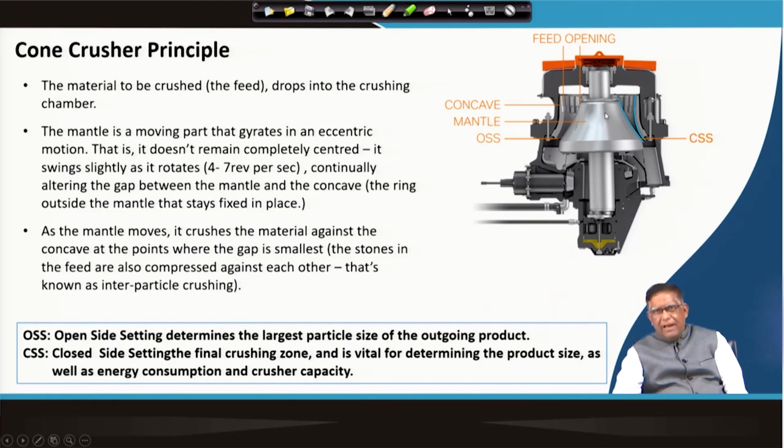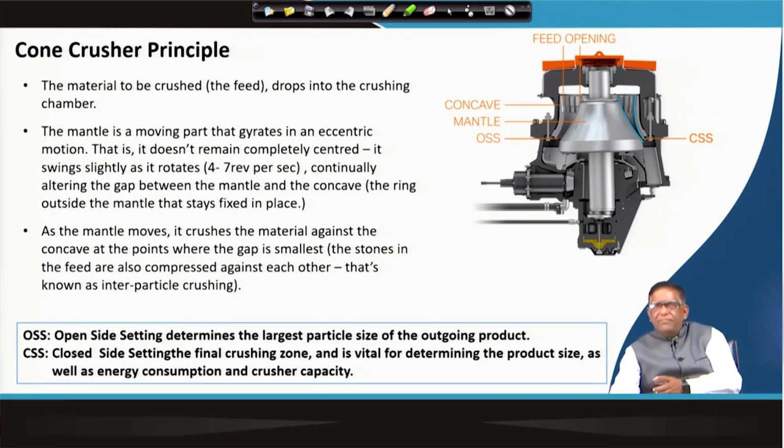Both have a mantle. This is also a mantle, but here the mantle height is less in the case of the cone crusher, and that is your open side setting. Exactly because of the eccentricity, it will be moving like this. When it is moving, as there is gyration here, you can find how much opening there is here, but here it gets closed.